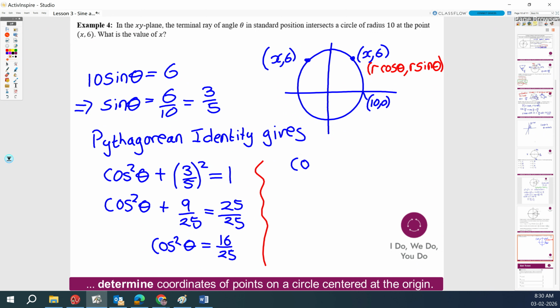So the cosine of theta is equal to plus minus, we're going to square root those two. That's going to give us 4 over 5. We are finding the value of x, so we have to come back to this here. x is equal to r cos theta. So x is going to equal plus and minus 4 over 5 times the radius.